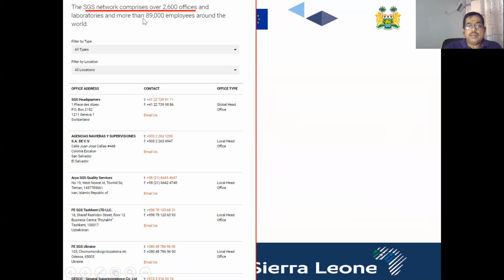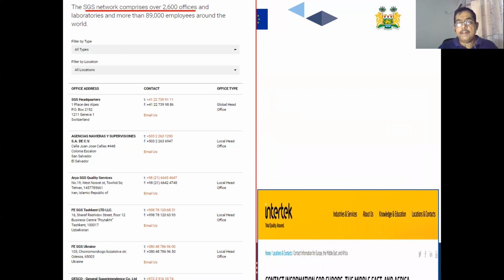All these are 2,600 offices. In some important countries they have their own office, but most of the time they have franchises and partners, and they collaborate with other companies so that they may market it and then send the application to them.